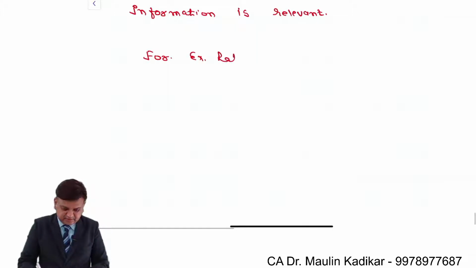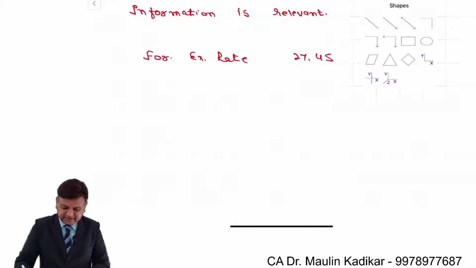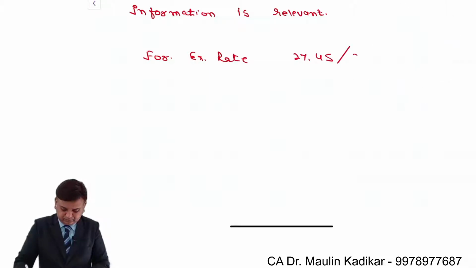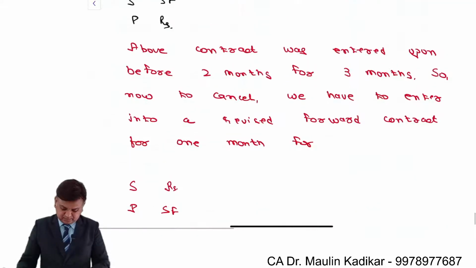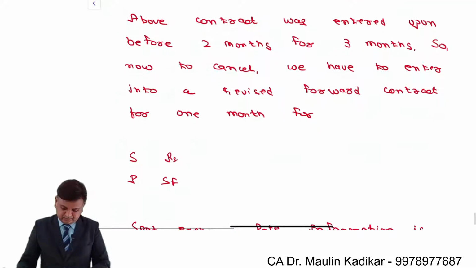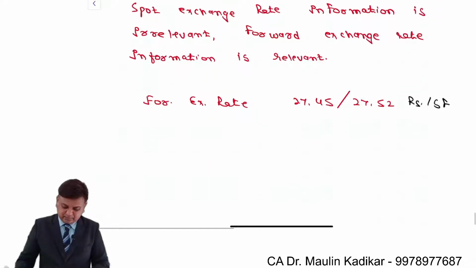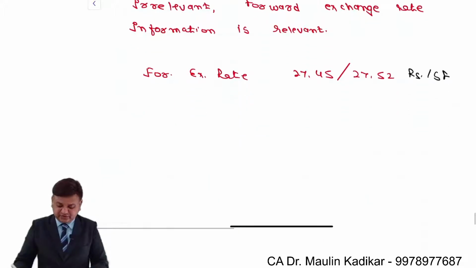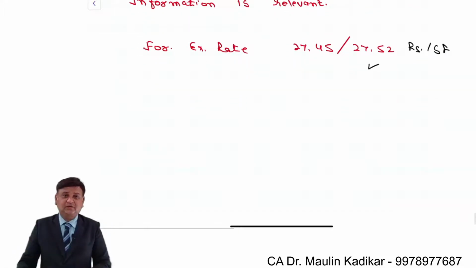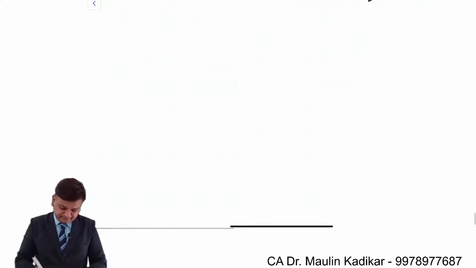The forward exchange rate is 27.45 slash 27.52 rupees per Swiss franc. So the forward contract is sell of rupees and purchase of Swiss franc. So this is the forward contract in which this is the rate that will be applicable.